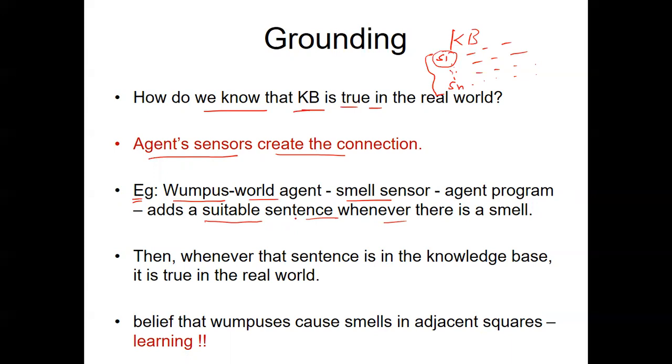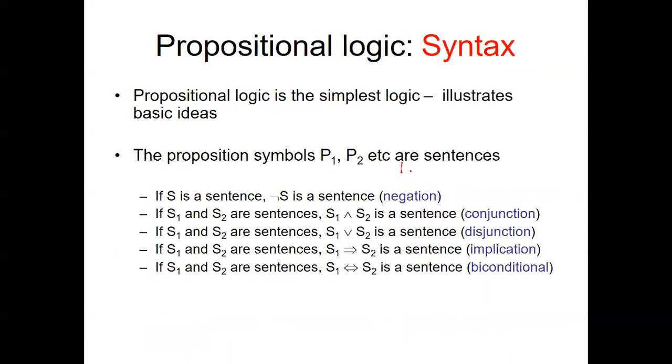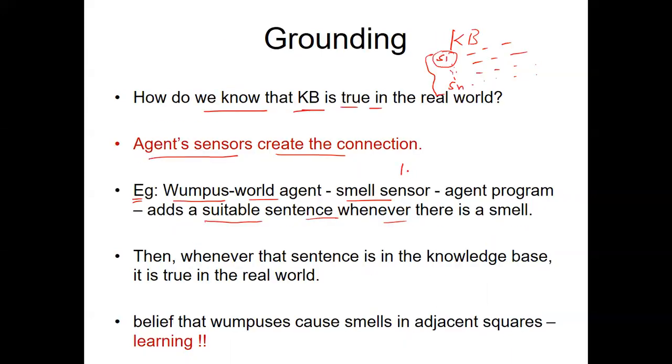Assume the agent is currently in the cell 1 comma 2. If it is in cell 1 comma 2, it could sense a stench. So when it senses a stench, what does it understand?